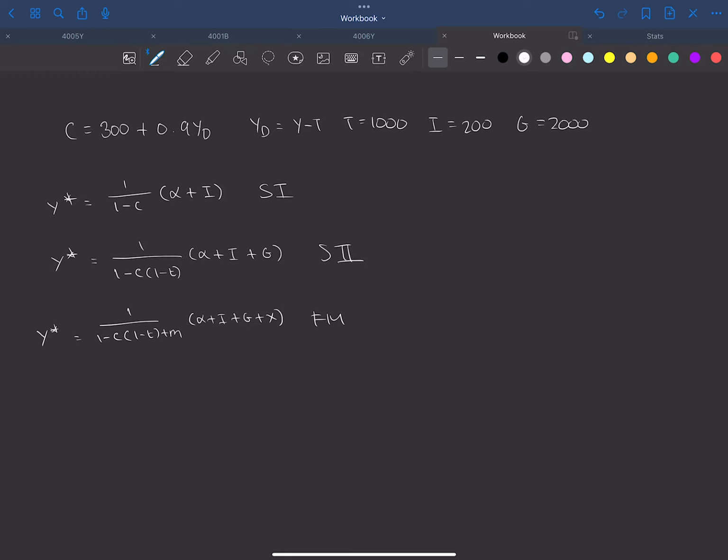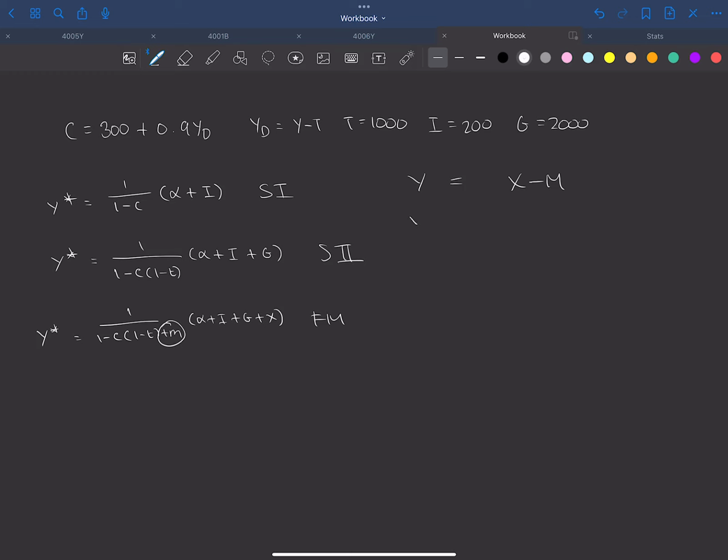The reason why this little m, which means marginal propensity to import, is plus m, is because if you do X minus M, which is the net trade from aggregate demand, let's say Y equals that. Why is it positive m, you may ask?